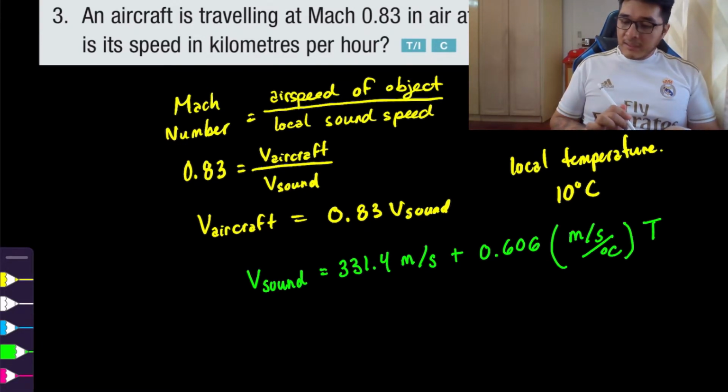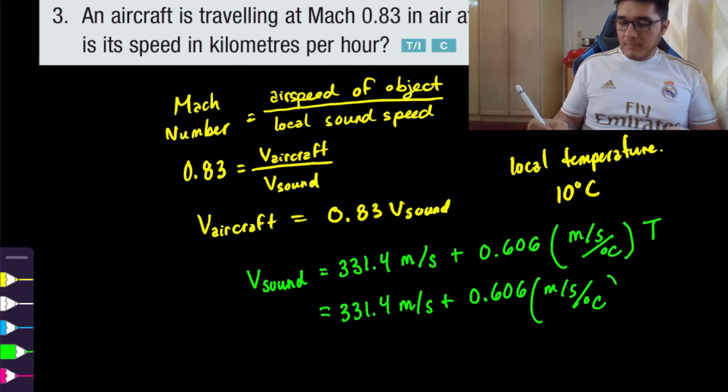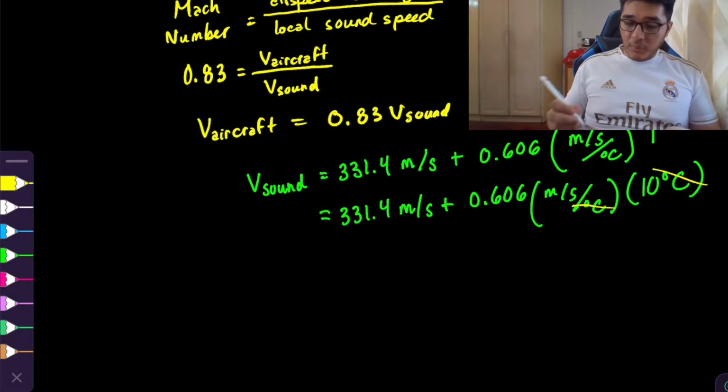So in this case, let's calculate the speed of sound at 10 degrees Celsius. So we just sub in the values into our formula. So notice that the units of degrees Celsius cancel out, which is what we wanted.